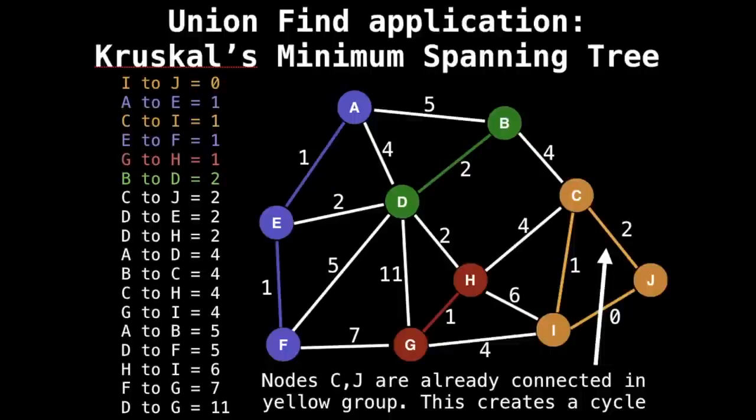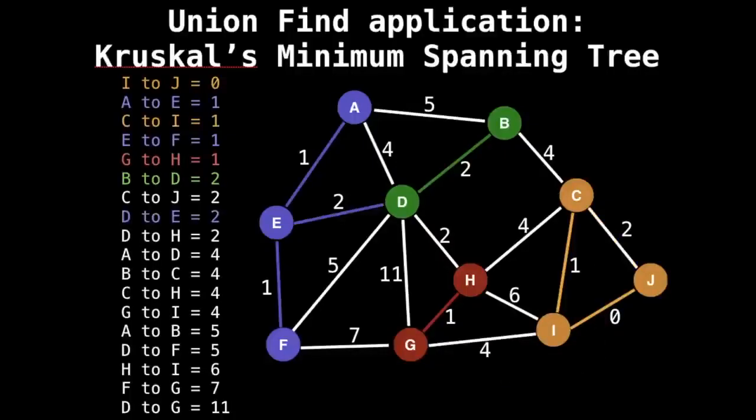And to check that they belong to the same group, we would use the find operation in our union find to check what group they belong to. So this is when the union find really comes into play. Next is edge D to E. Note that E belongs to group purple and D belongs to group green.